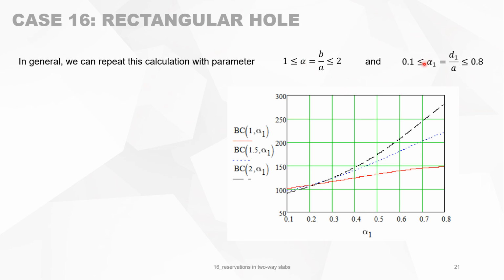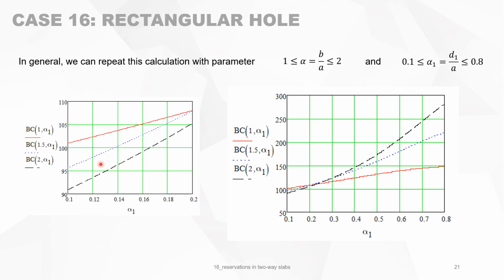This is the two ranges, and you see that this is an interesting point. We enlarge this, and then you will see that in this area you lose bearing capacity. So you must avoid making a reservation that falls in this area.